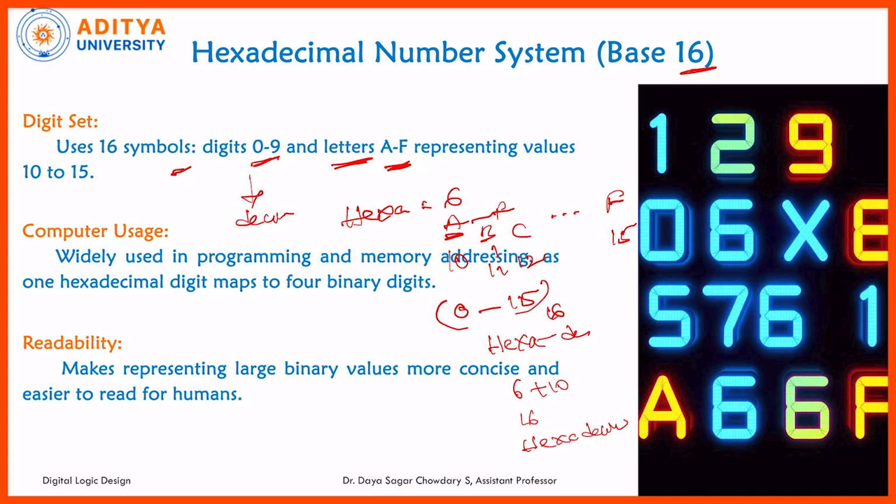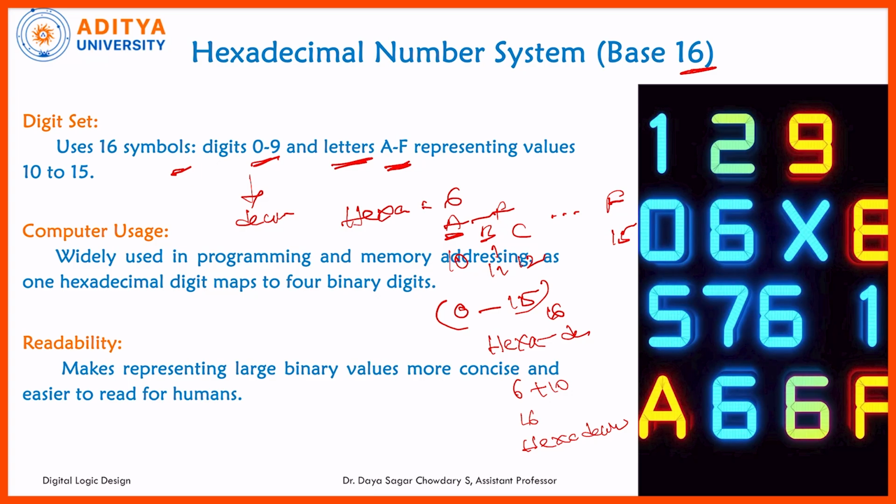It is widely used by computers in programming and memory addressing, as one hexadecimal digit maps to 4 binary digits. As usual, this is also a simple representation. We can write a huge binary number in the hexadecimal number system. Readability: it makes representing large binary values more concise and easier to read for humans.